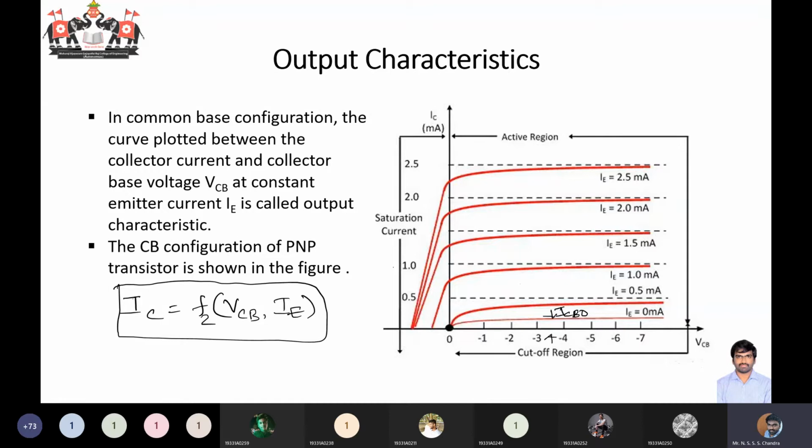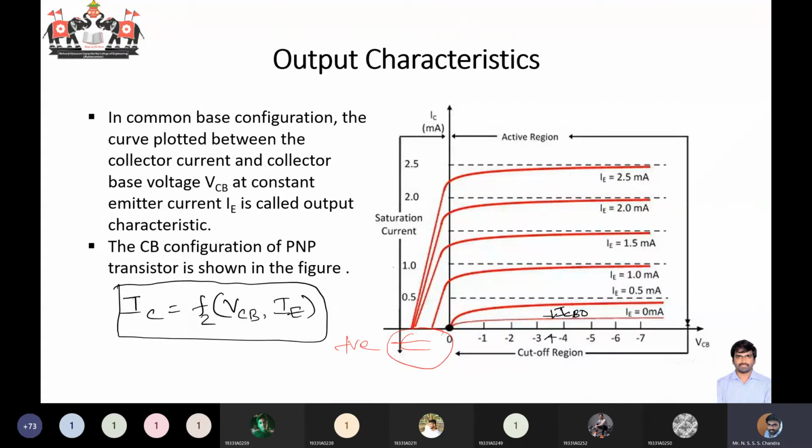But in case you take VCB as positive values, on the right hand side I'm taking negative values, so on the left hand side I will be taking positive values. If you take even small positive values of VCB, then your relationship will not be like in your active region.